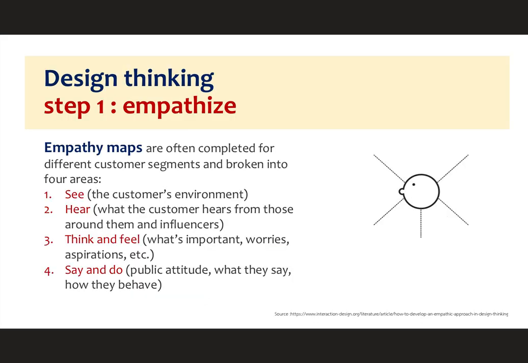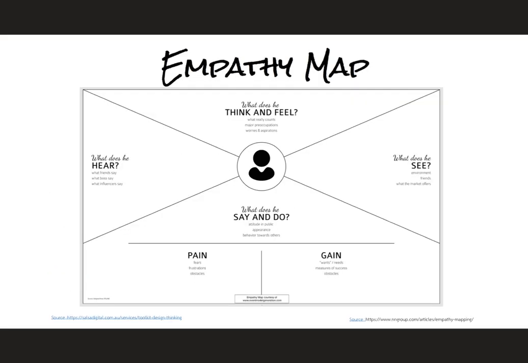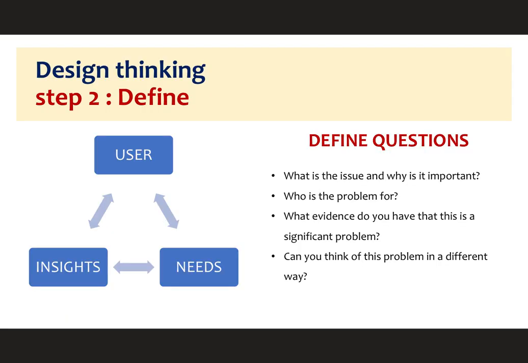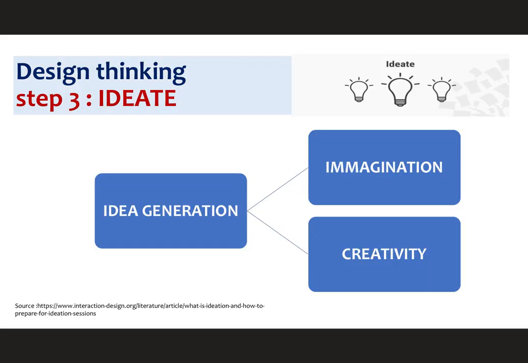In the empathy process, we try to understand the customer or the people who get involved with the project problems. And once you understand them, now you can draw the empathy map, which I think everyone already did. And after that, we started to sharpen the key questions of the problems by trying to answer the following four defined questions. And then we did start to generate some solution ideas.